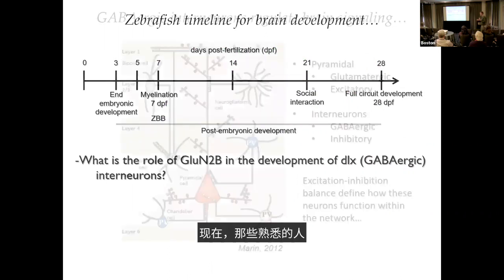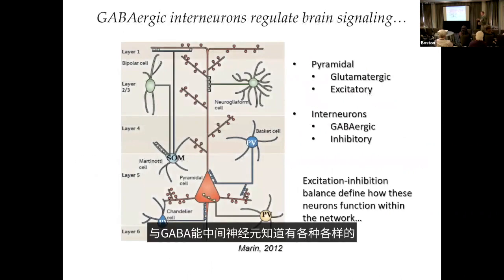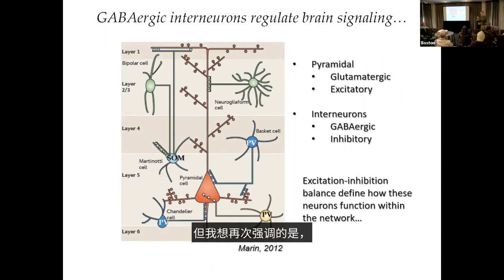Those who are familiar with GABAergic interneurons know there's a wide variety of different subtypes, and which of them are disrupted, we don't know. Studies are ongoing to test that.